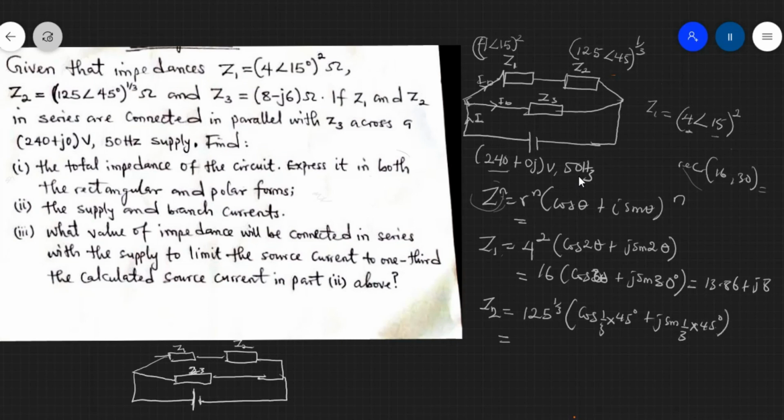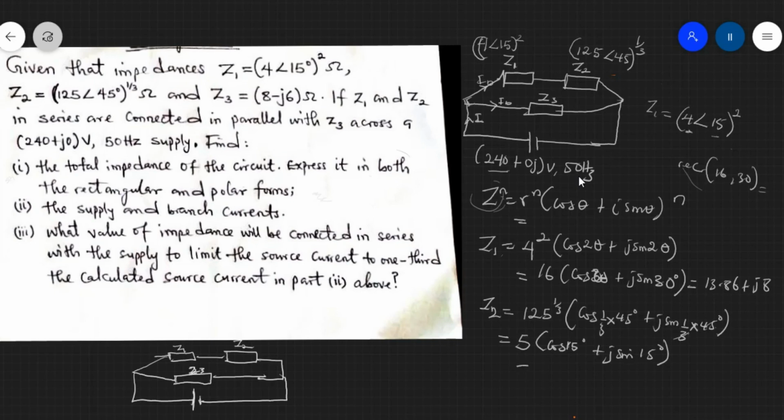If you pull out the cube root of 125, it becomes 5. So this will be 5 times cos 15 degrees plus j sine 15 degrees.